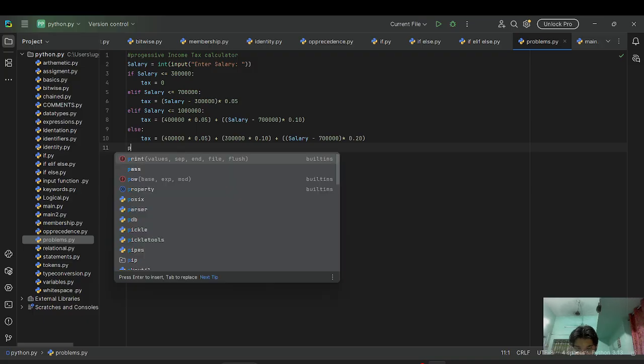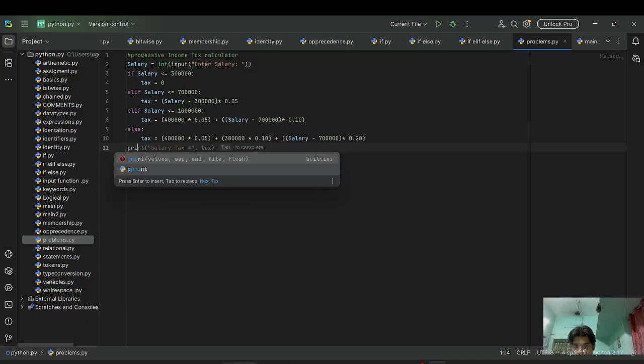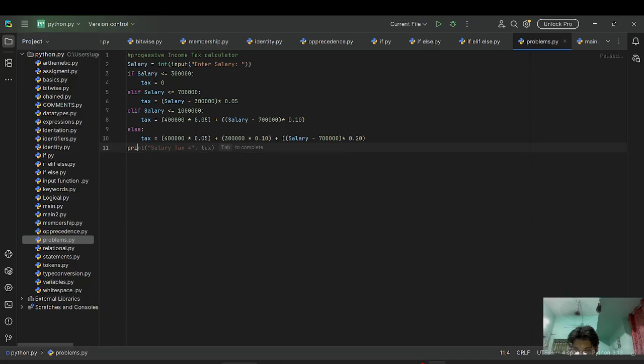Now let's print here total tax, salary tax. So actually this question is about, today we are building a small income tax calculator system.